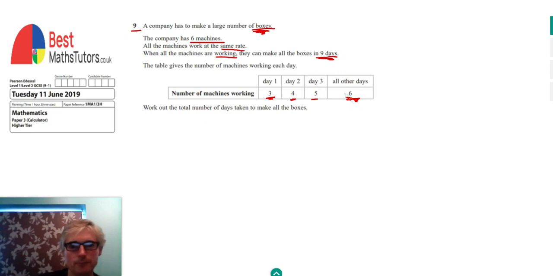Then that would mean the total number of boxes required is going to be equal to 6 times 9, and that's going to be equal to 54. So we need to be able to make 54 boxes, because if each machine can make 1 box a day, then that's how many we would need.